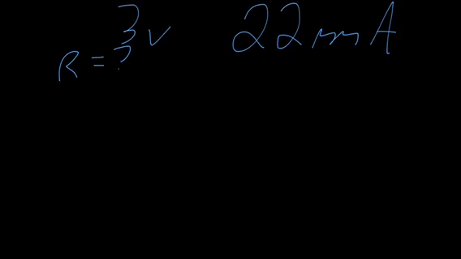Don't know what R is. But if you remember, VCR, you have voltage is equal to current times resistance, except you can't just put 220 because it's representing milliamps.